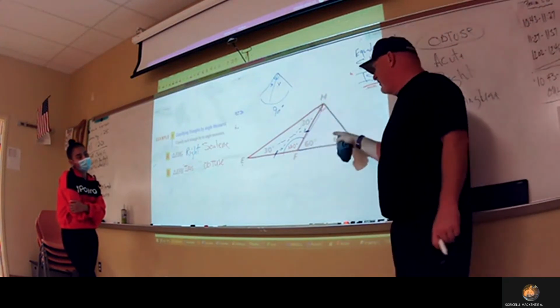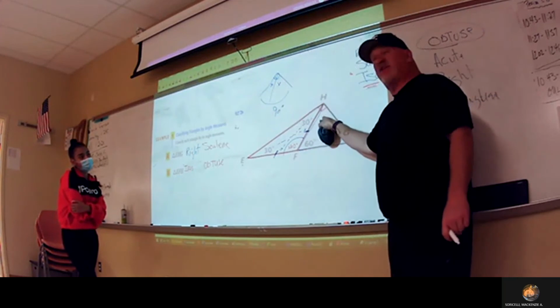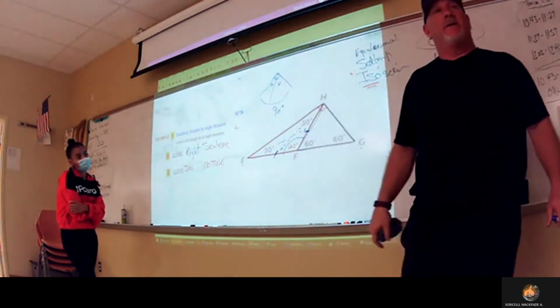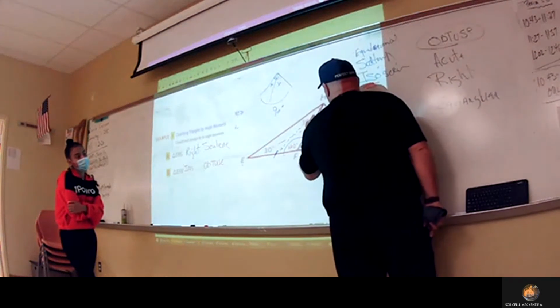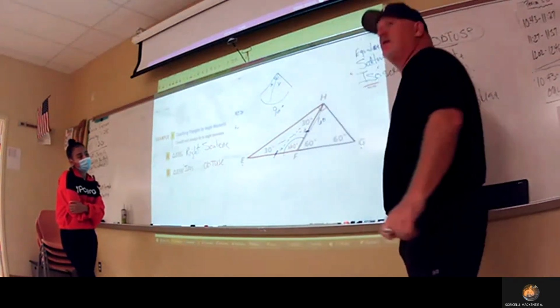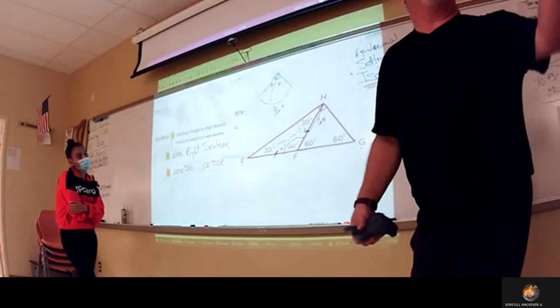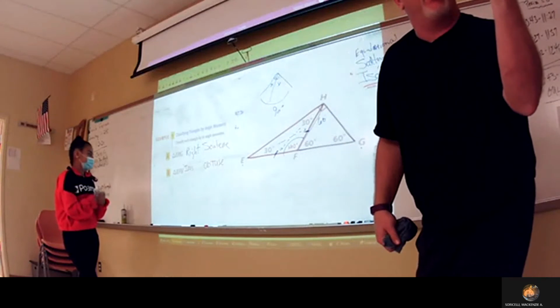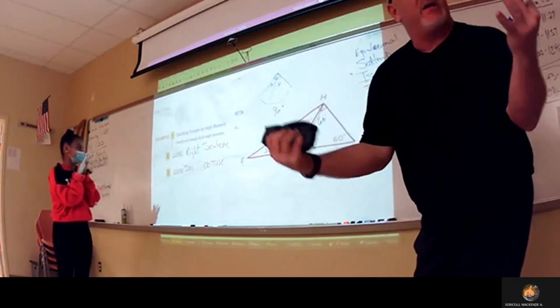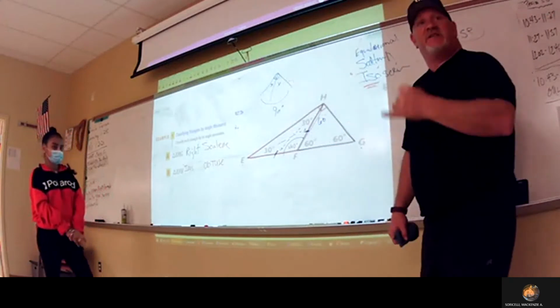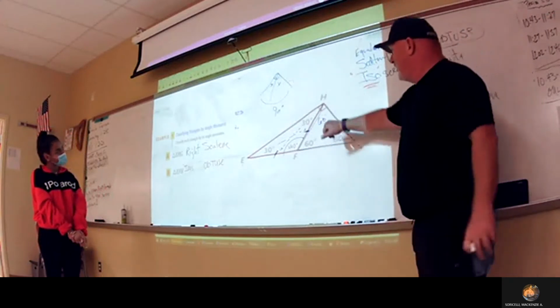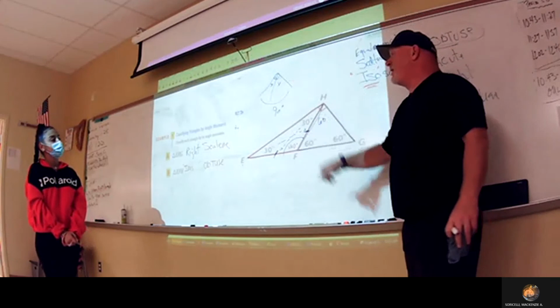We got 60 degrees, 60 degrees. What do you think the measurement of that angle is? It's got to be 60, right? How do you know that? 180 divided by 3. All the angles add up to 180, divide by 3. So it's 60. So what type of triangle we have here?